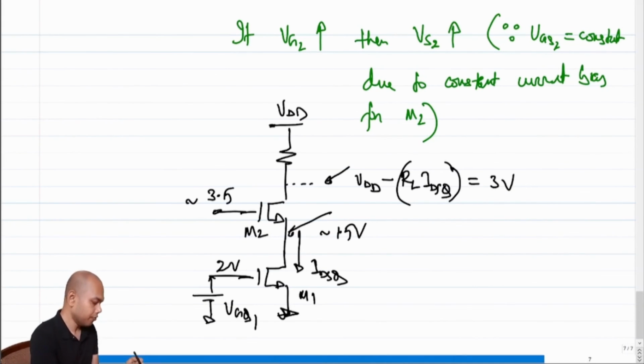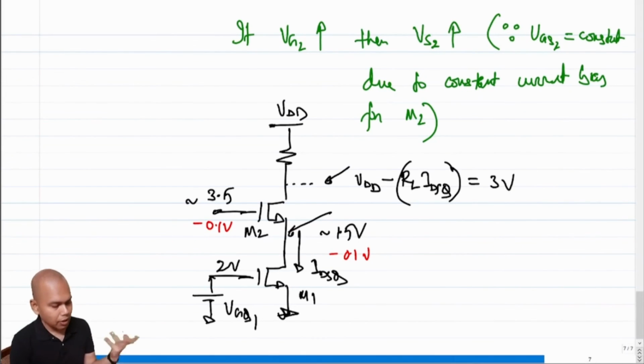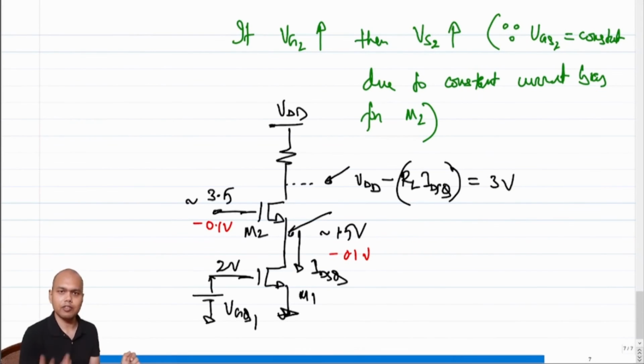Even if, for some reason, the voltage at M2 drops by 100 millivolt, this will drop by 100 millivolt, and still we are good, right? The reason why it should drop, we'll see later. You can have different temperature variations, you can have non-robust biasing, all those conditions, because of which the voltages at various nodes can change.